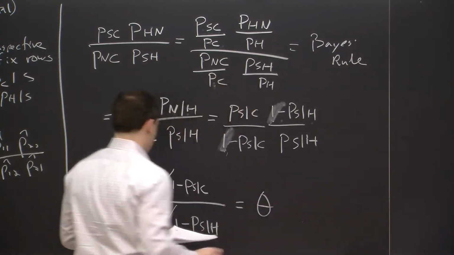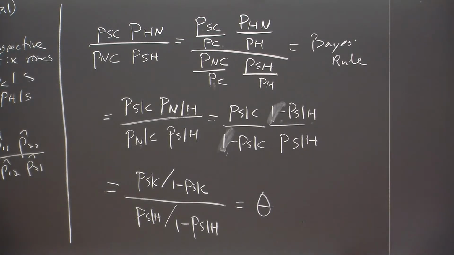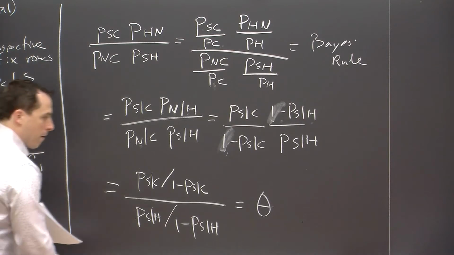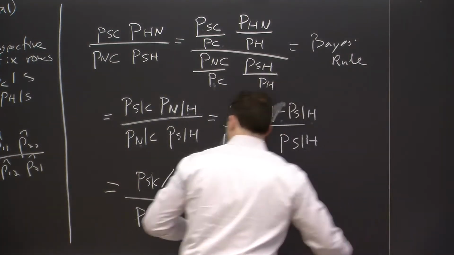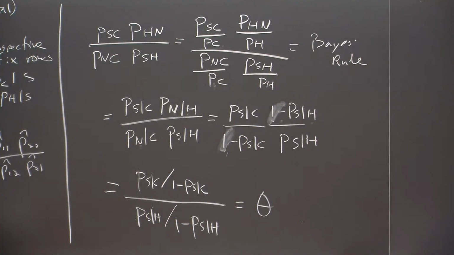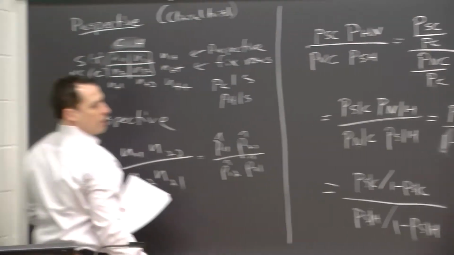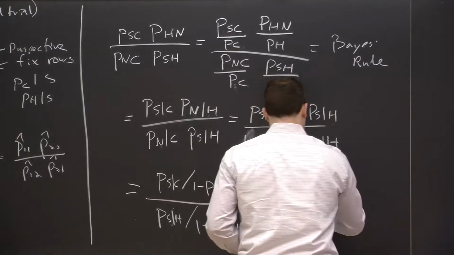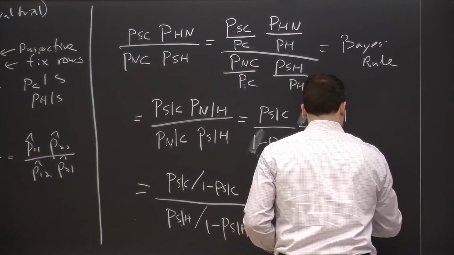Which odds ratio is that? The prospective or retrospective odds ratio? Have I conditioned on the rows or the columns, the treatment or the outcome? This compares these two, so this is a retrospective odds ratio. This is computed retrospectively.